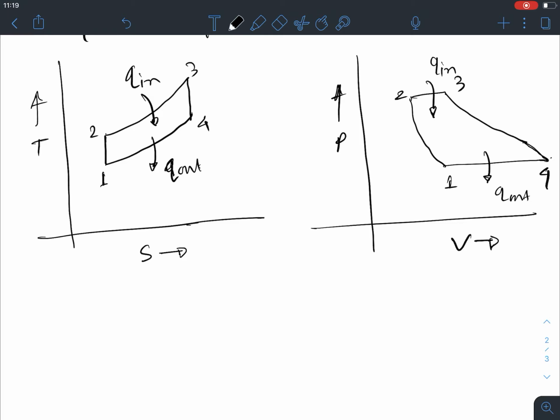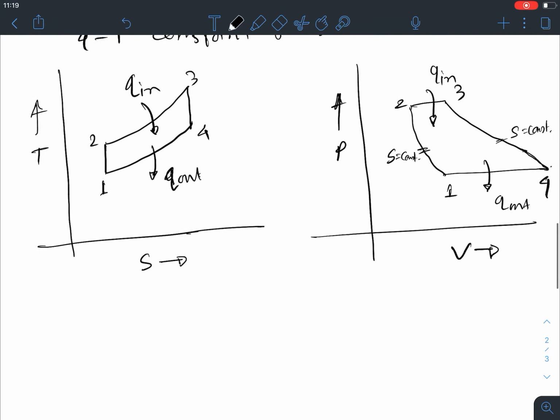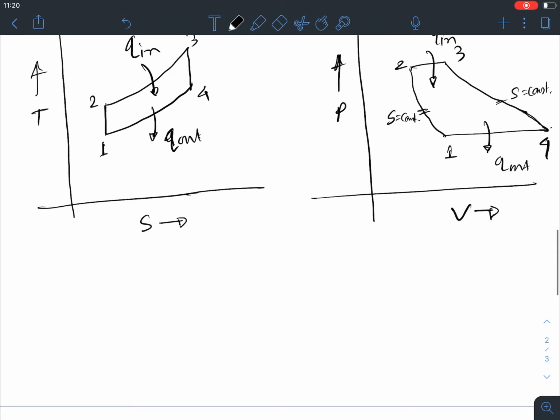In this process, 1 to 2 and 3 to 4 are the isentropic processes, where entropy is constant. So we know where Q in and where Q out are.